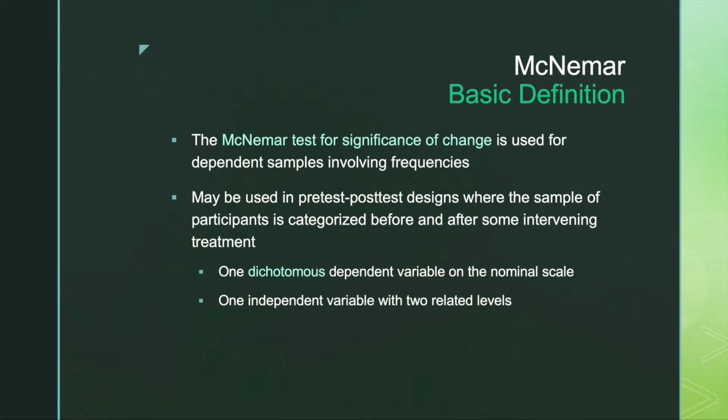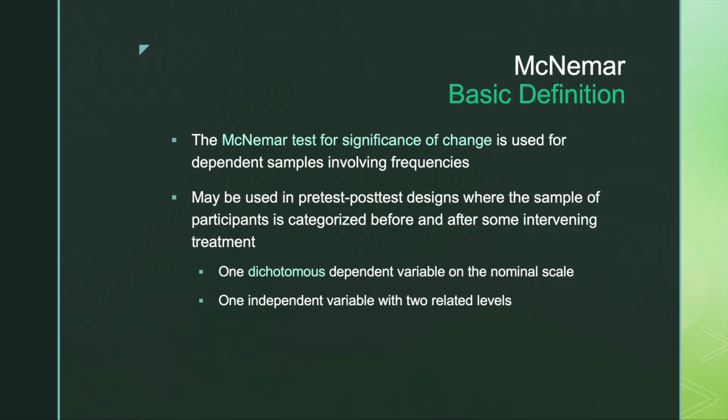So for us, our example is going to be using KC, or knowledge and comprehension questions, versus the HOTS questions, or higher order thinking skill questions. So those are going to be our 2 dependent variable levels, is either KC or HOTS. The independent variable has 2 related levels.